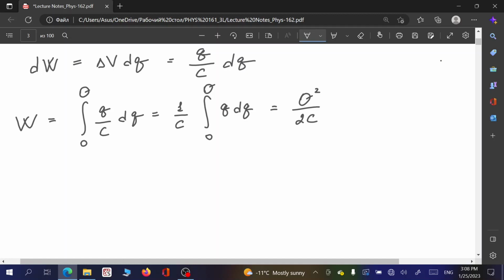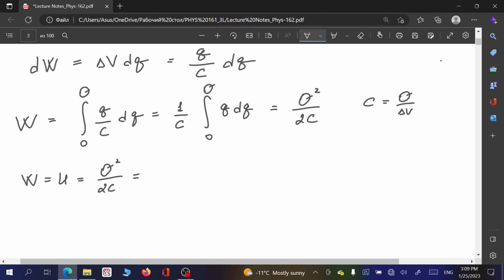So taking into account the expression for capacitance, C is equal to Q over delta V, we can write this expression for work, or also we can write the energy accumulated, like potential energy accumulated in the capacitor, in different forms. So first is the one which we derived, that is Q square over 2C.